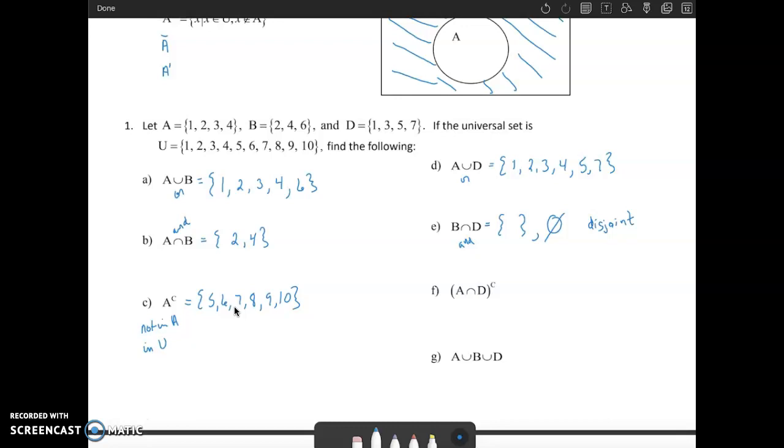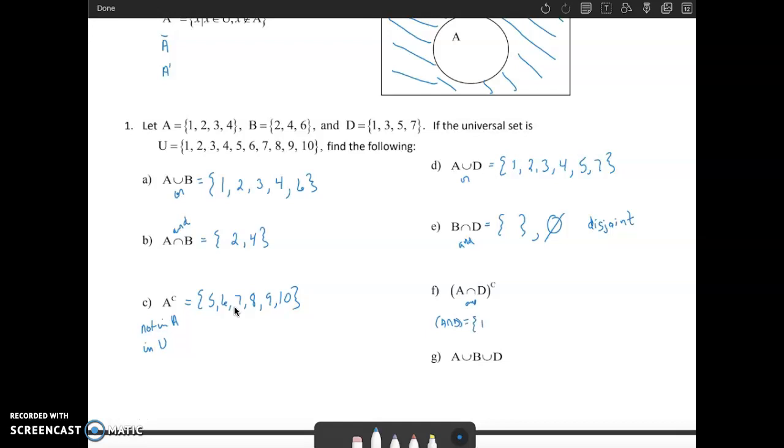Okay, the next set is the set A intersect D, all in parentheses, and then the complement of that. If you get something like this, I recommend working from the inside out. First, figure out what A intersect D is. So I'm going to write that below. A intersect D. So what is in both A and in D?